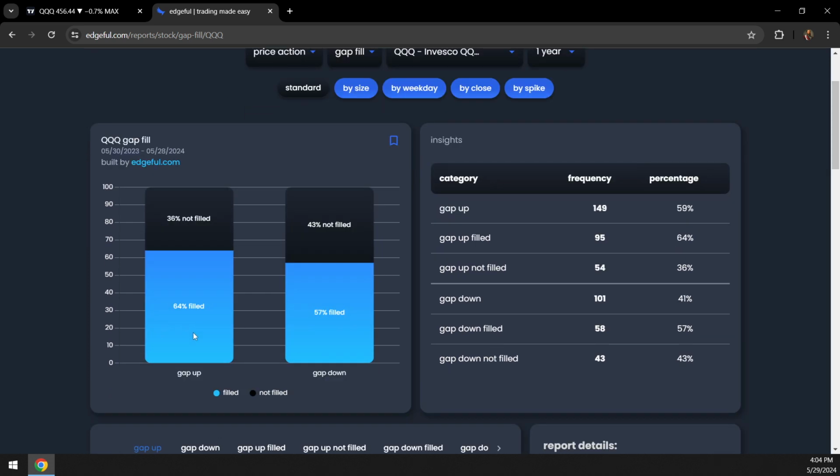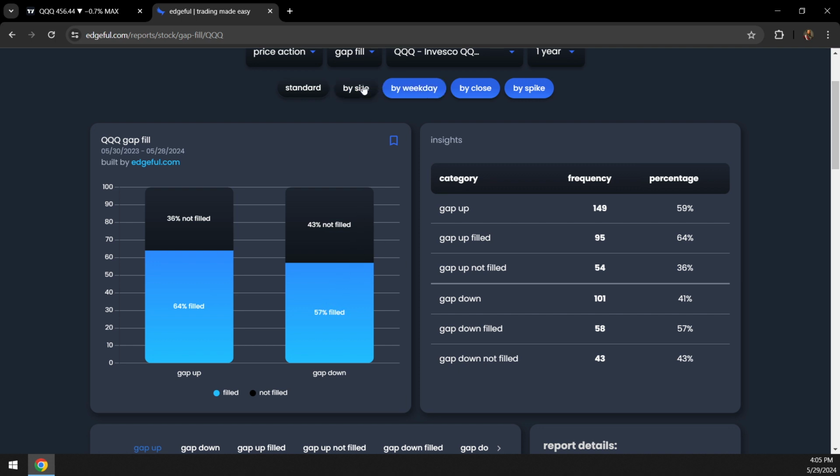So over the last year, 64% of gap ups get filled. So just period, if we gap up, you can look at this and say, okay, well, 64% of the time it's going to fill. If we gap down, only 57% of the time. So gap ups are better as far as bullish goes, and gap downs are better for reversal. So gap downs usually aren't going to come up half the time and fill.